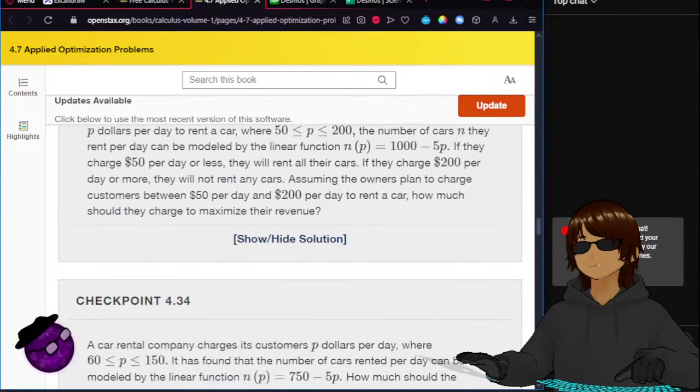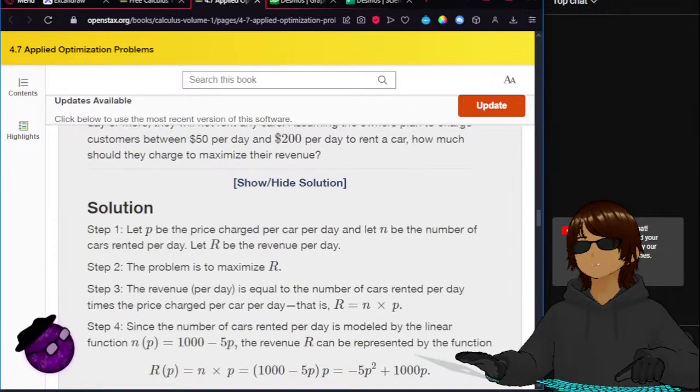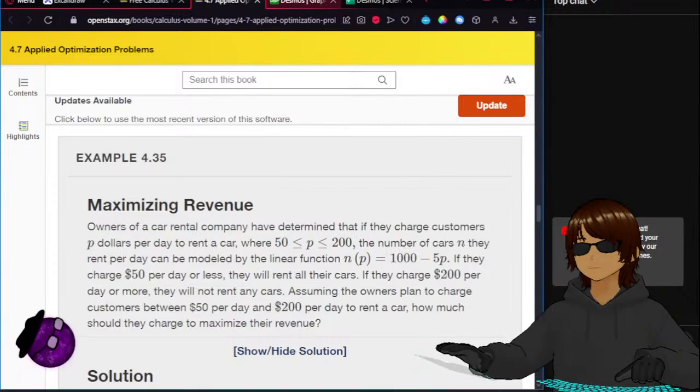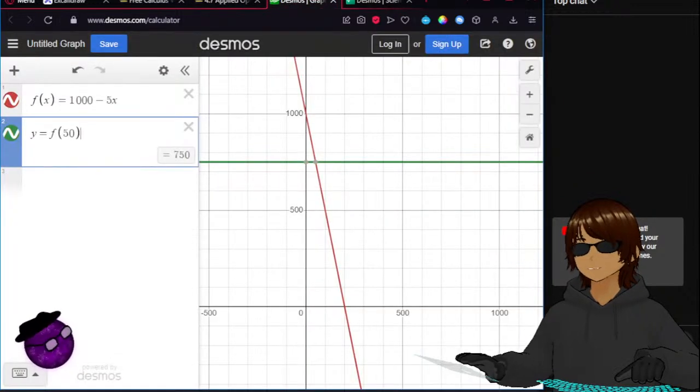Since they have 750 cars in total, let's just assume that. Assuming the owner plans to charge customers between $50 per day and $200 per day to rent a car, how much would they charge to maximize their revenue? So we need to find the maximum area of this.